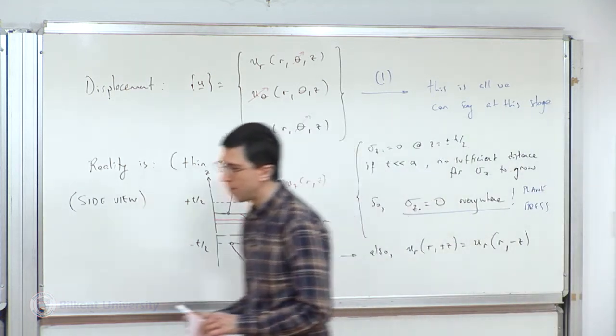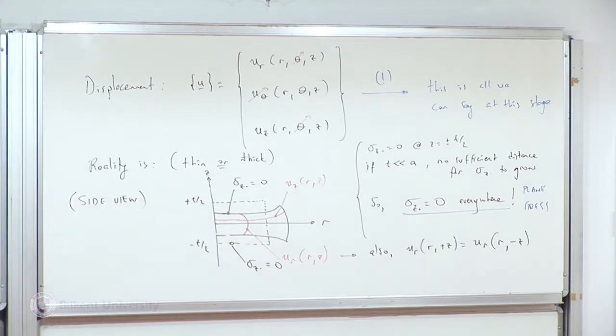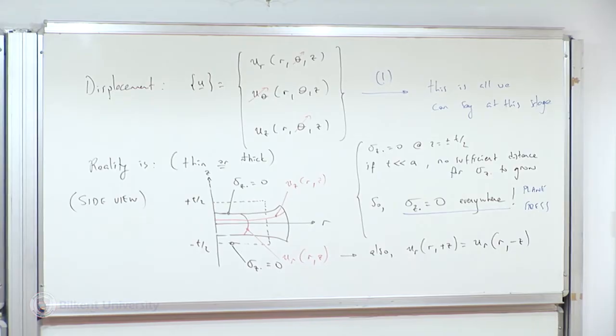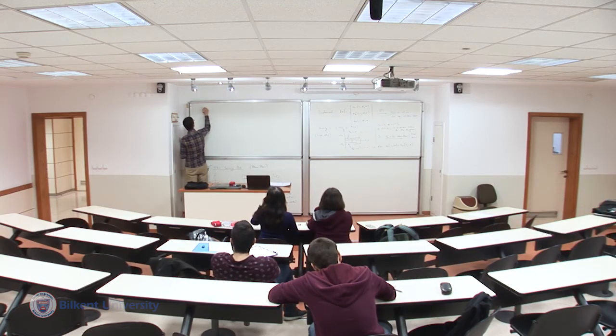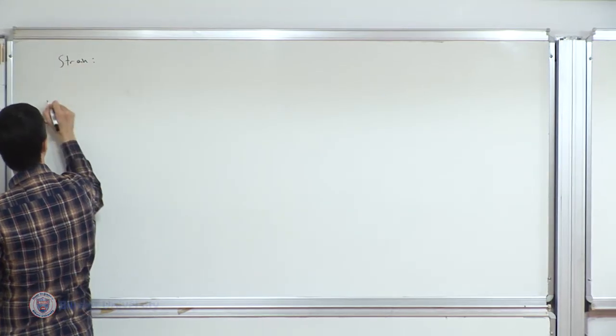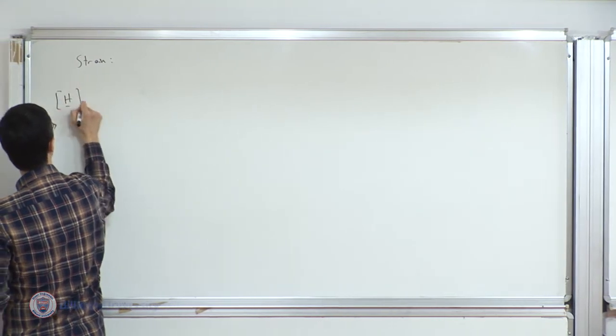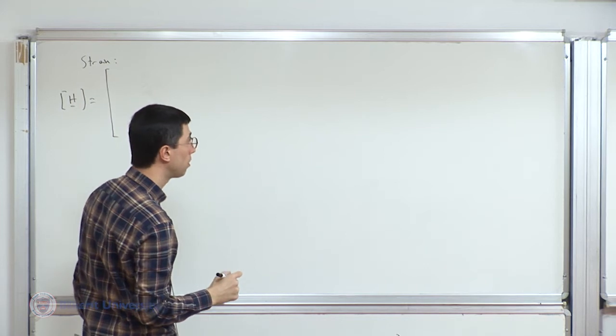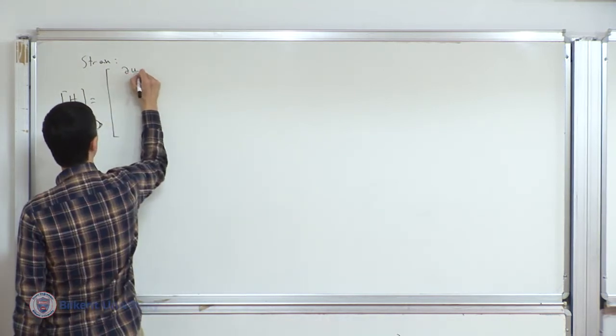Okay, good. Any questions so far? So we have the displacement. It's not super simple, but it is partially simplified. So let's go ahead and calculate the strain. First, we calculate the displacement gradient. Again, I'm writing only the components that remain.